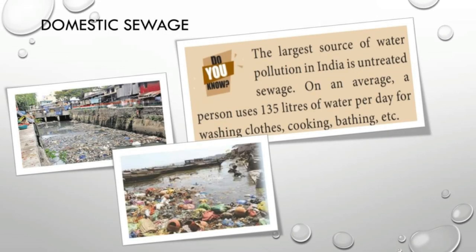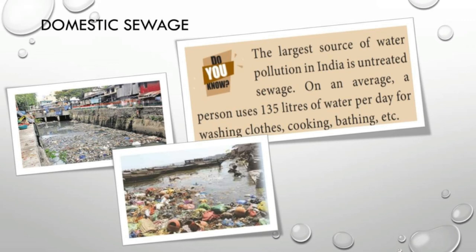Next, domestic sewage. Wastewater that is disposed of from households is known as domestic sewage. Domestic sewage should be treated before being disposed of into water bodies like rivers, lakes, etc. Untreated sewage contains impurities such as organic matter from food waste, toxic chemicals from household products, and it may also contain disease-causing microbes.